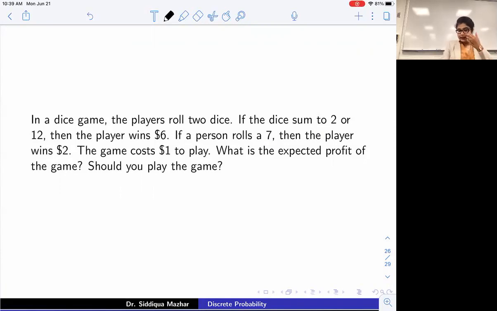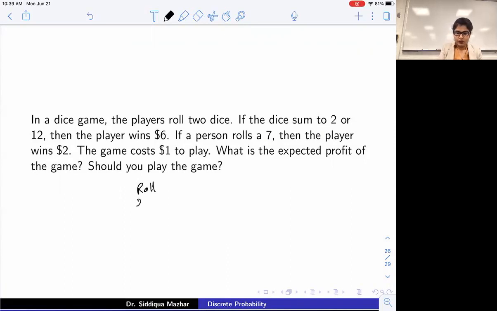So this is gambling. For each roll of the dice, they are paying $1. The experiment is rolling dice, and the outcome is the sum of the values you are getting.